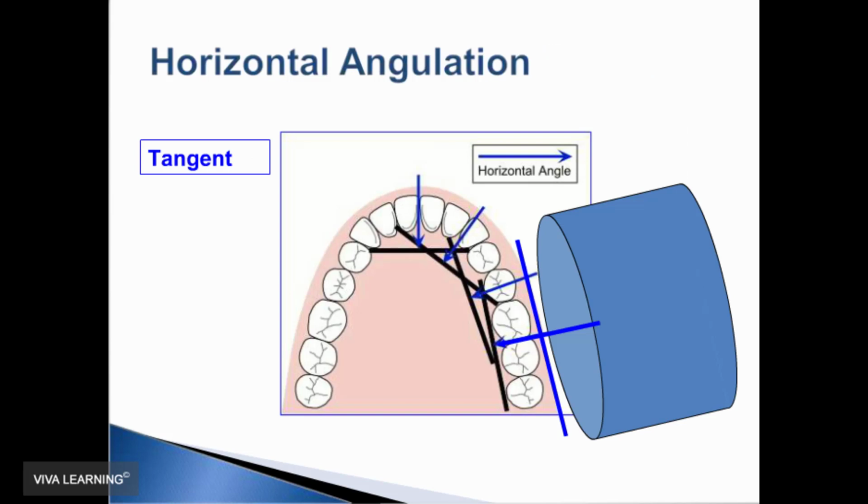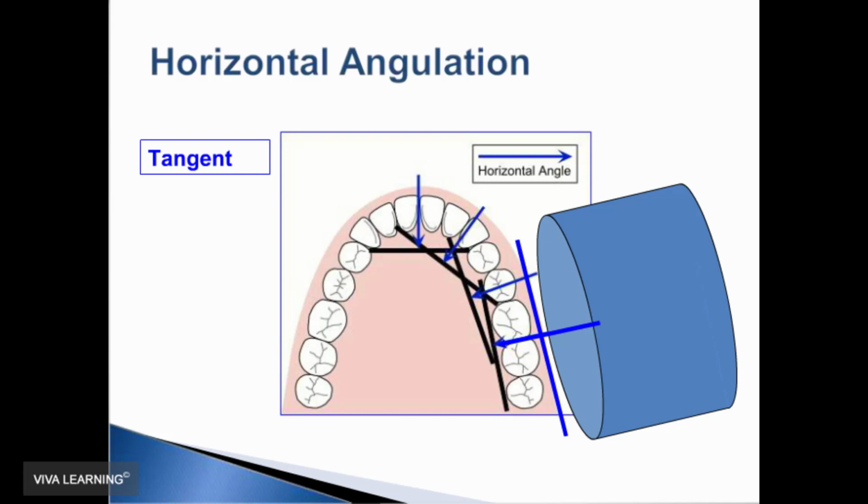This diagram shows the different horizontals for each area and where the X-ray beam should enter. The open end of the X-ray cone or collimator should be parallel to the buccal plane of the teeth. That will allow the X-rays to enter proximally. And for the canine, lateral, and for the central.